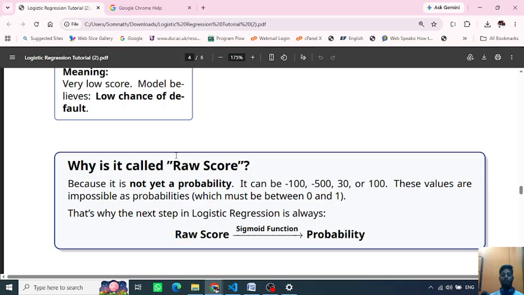It can be minus 100, minus 500, 30 or 100, any value is possible. These values are impossible as probabilities because a probability value is between 0 and 1. So the next step in logistic regression is always the sigmoid function transformation, so that we can get the actual probability value.